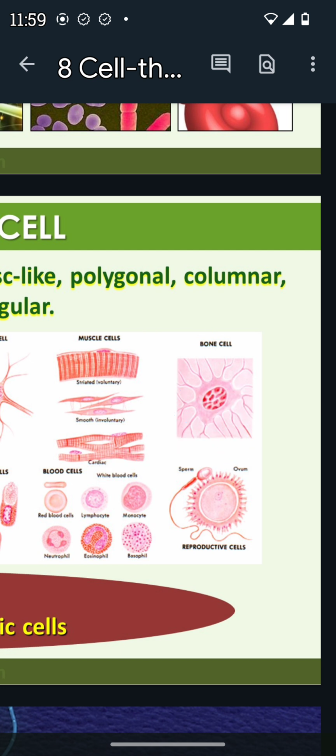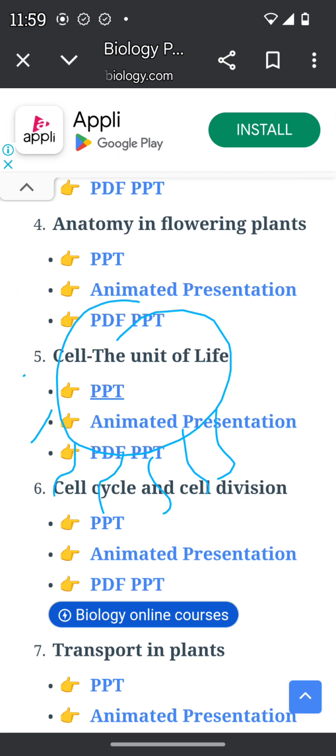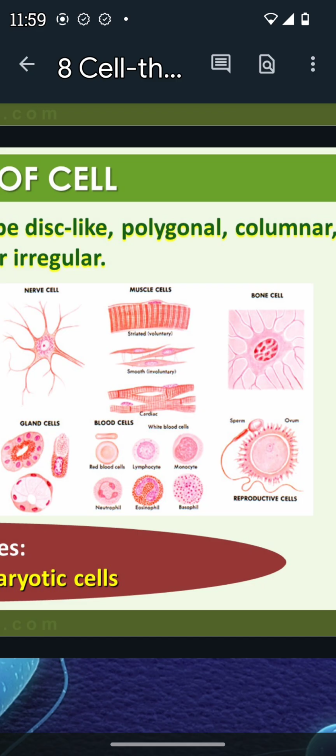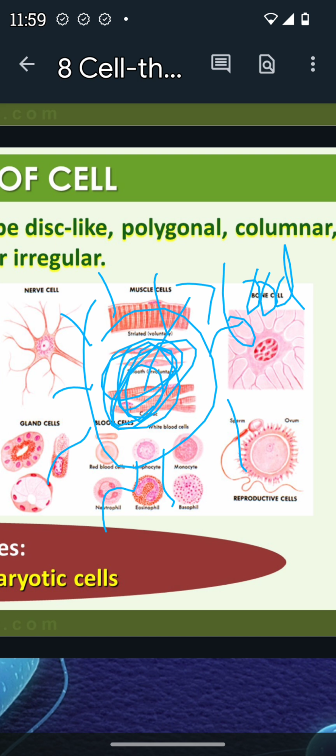If it is an ovum, it must be large in size, and it needs to have fimbriae, ciliary-like structures which help in its movement. It must also be large so that it can store food for the growing baby.